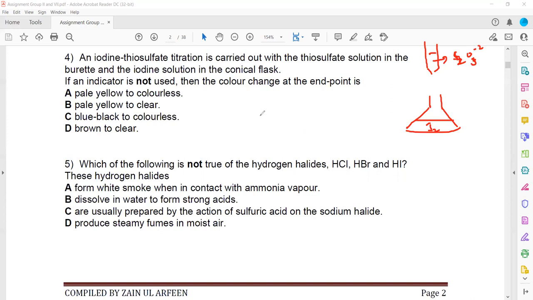When iodine reacts with thiosulfate, the iodine molecule is converted into iodide. Iodine in the absence of starch is either orange or yellow. If it is at high concentration, even brown is acceptable. You can say yellow or you can also say brown.